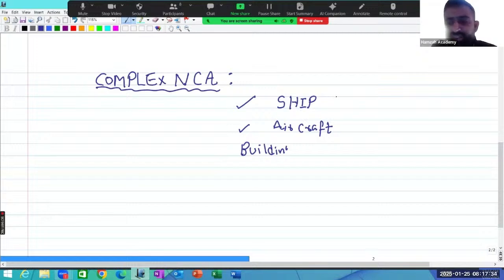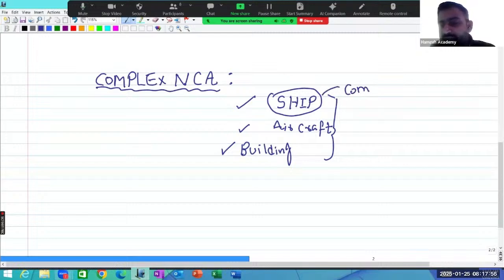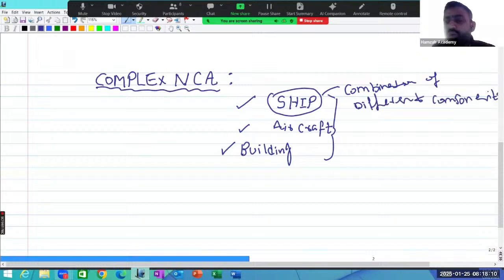Now, why are these assets complex non-current assets? Basically, a ship seems to be a single non-current asset, but if you investigate, you will find the ship is a combination of different components.